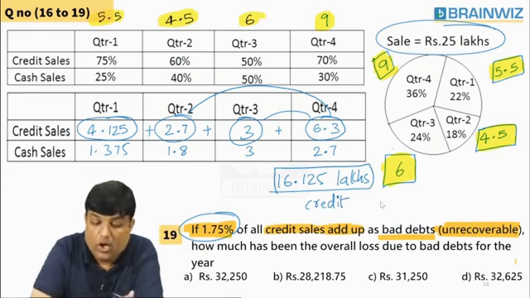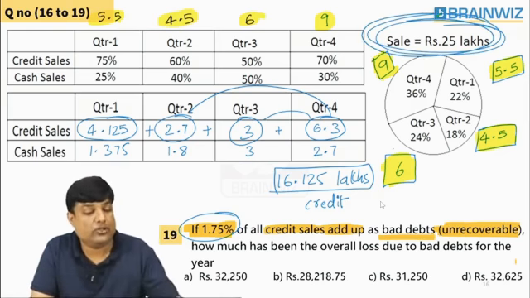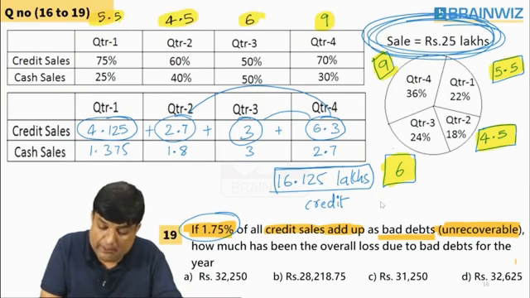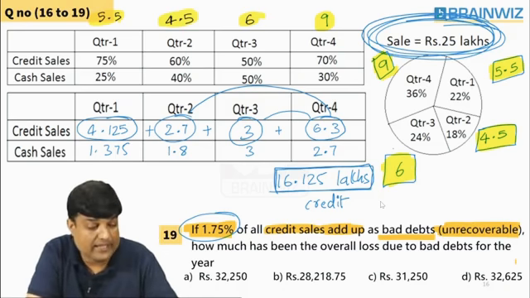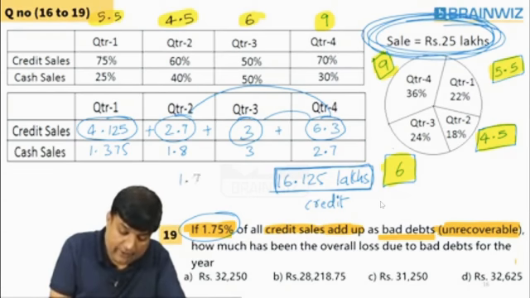Understood what I mean to say? Out of 25 lakhs business, guys, on the screen you can check it out here. Out of 25 lakhs business, 16.125 lakhs they sold in the year on credit. So in this, is everybody recoverable? No. What? 1.75% of the amount.